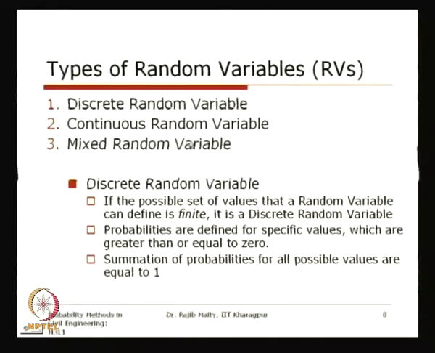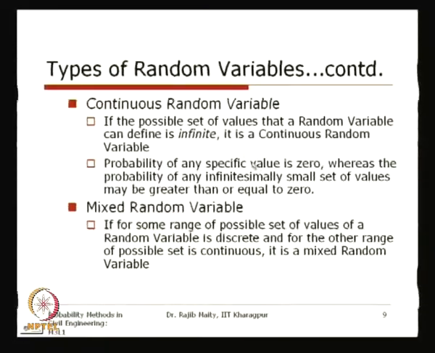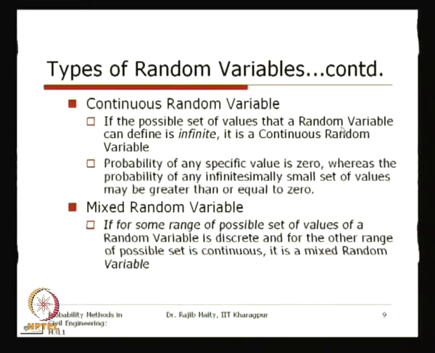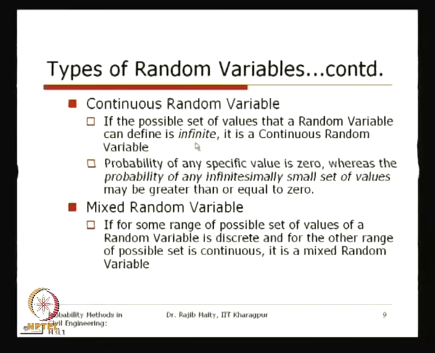The next type is the continuous random variable. In contrast to the discrete random variable, if the possible set of values that a random variable can define is infinite, it is a continuous random variable.